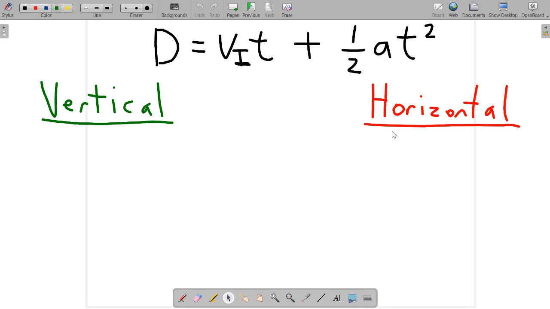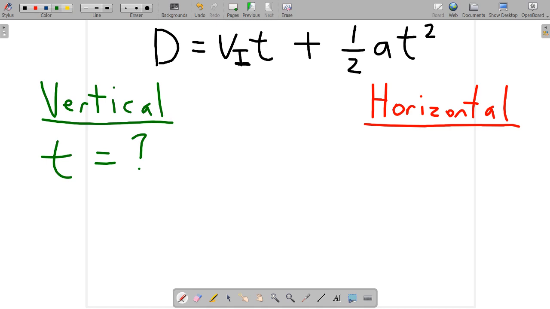In other words, we're treating them as separate things. So we're going to begin by focusing on the y component first. What we want to find first is the time in free fall, because once we find that, we can use it to find the displacement in the x direction.